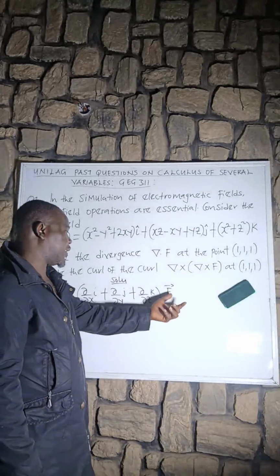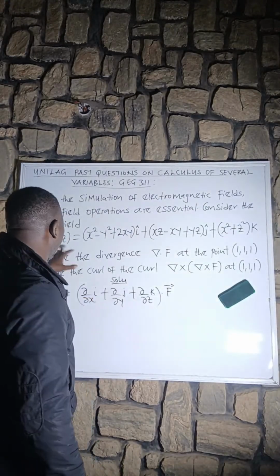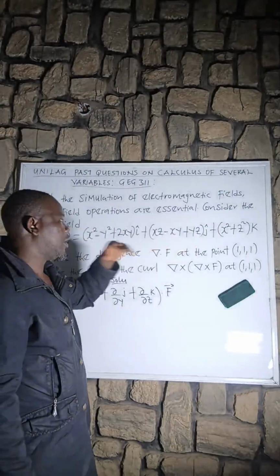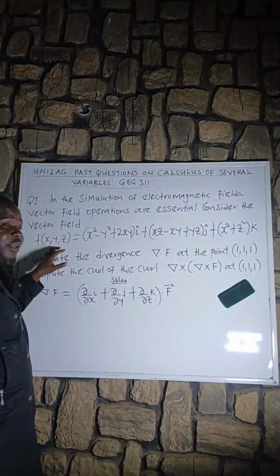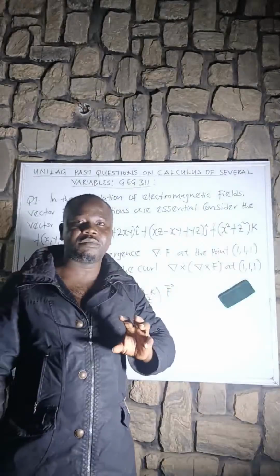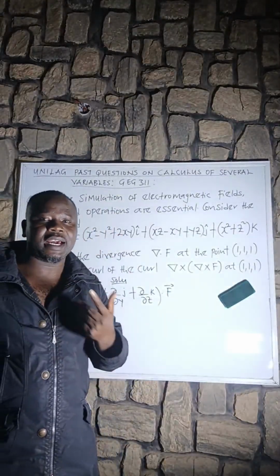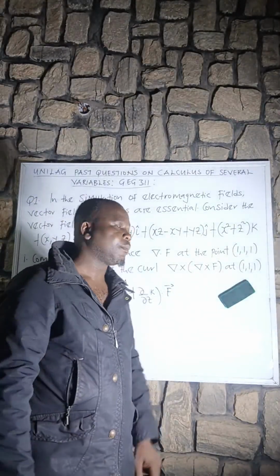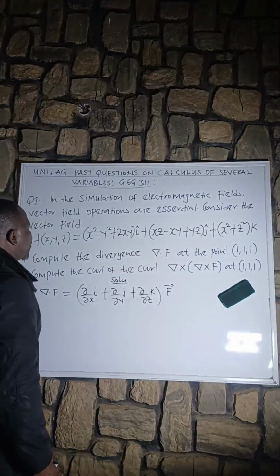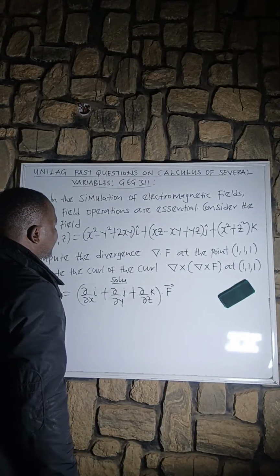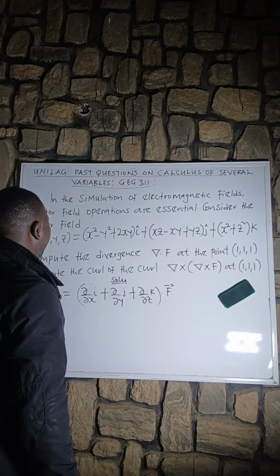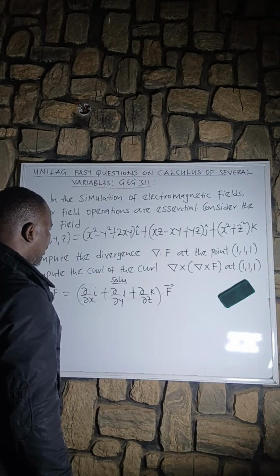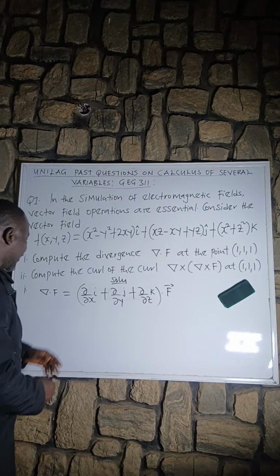But we know that our vector function is given as this, which has how many variables? Three variables, x, y, and z. So if you agree with me, let's write it this way.